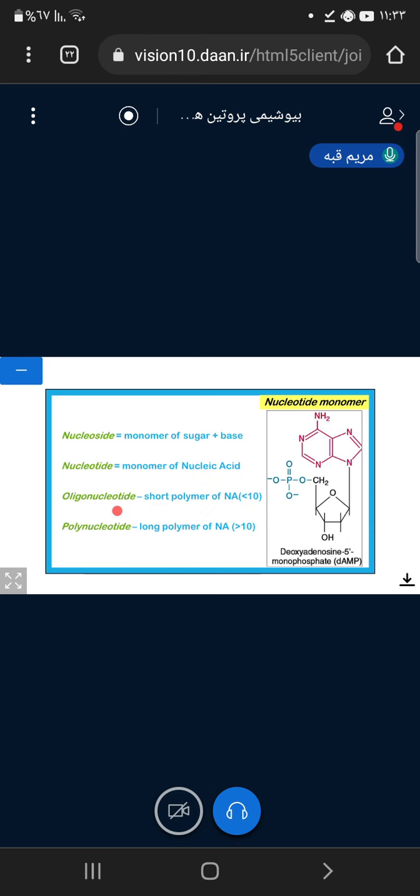Polynucleotide is formed when more than 10 nucleotides are attached to form a long polymer of nucleic acid. پلی‌نوکلئوتید وقتی شکل میگیره که بیش از 10 نوکلئوتید به هم متصل بشن و یک زنجیره طولانی ایجاد بشه به نام پلی‌نوکلئوتید.